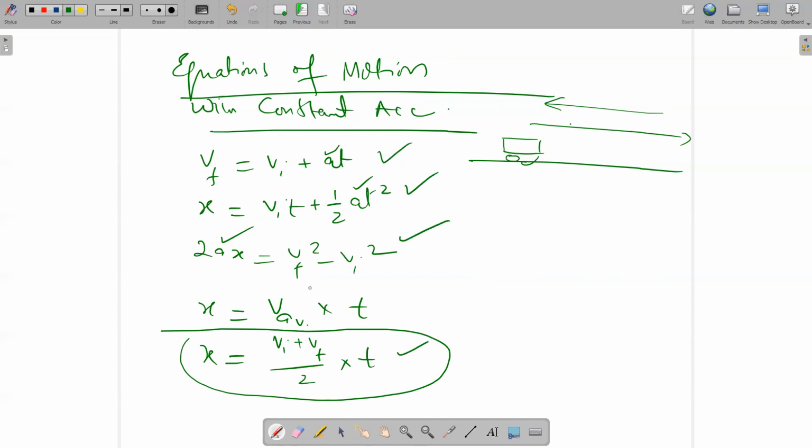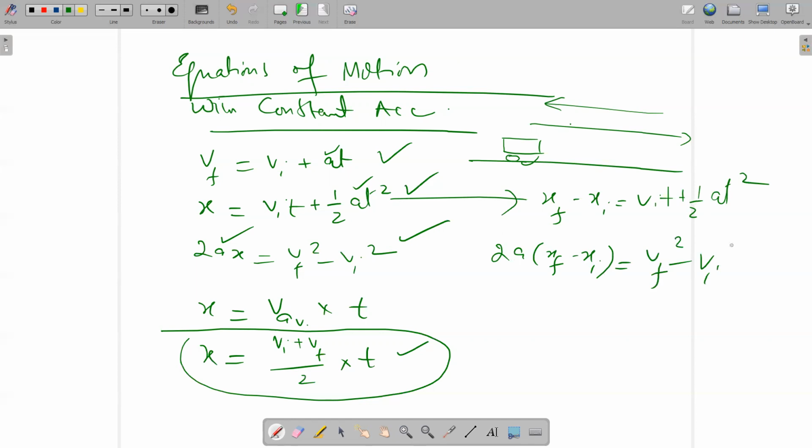So we are using this equation, or this equation. But in your book, you will see that this equation is written like this one: Xf minus Xi is equal to Vit plus 1 over 2 At square. And this is 2a(Xf minus Xi) is equal to Vf square minus Vi square. So here Xi and Xf mean what? If the body is starting from 0, it means Xi is 0.